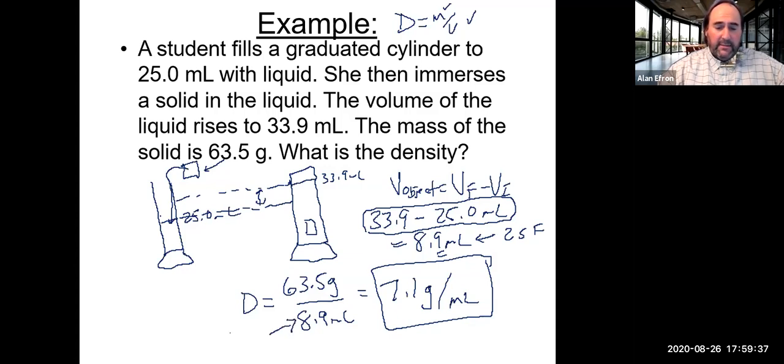This is 2 significant figures. This is 3 significant figures. And the last calculation we're doing is dividing, where we look at significant figures. And that's why we round it to 7.1, which is our 2 significant figures in this case. Again, the number stays with the grams, and it is per 1 milliliter. Any questions on that particular one there?